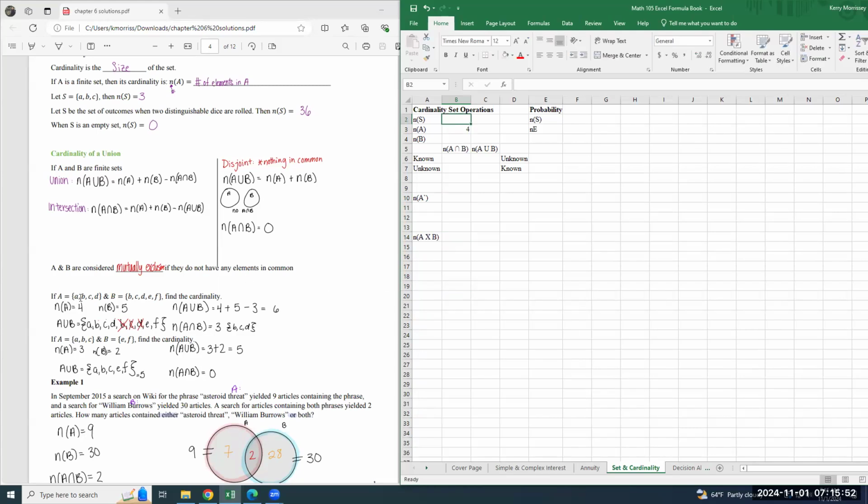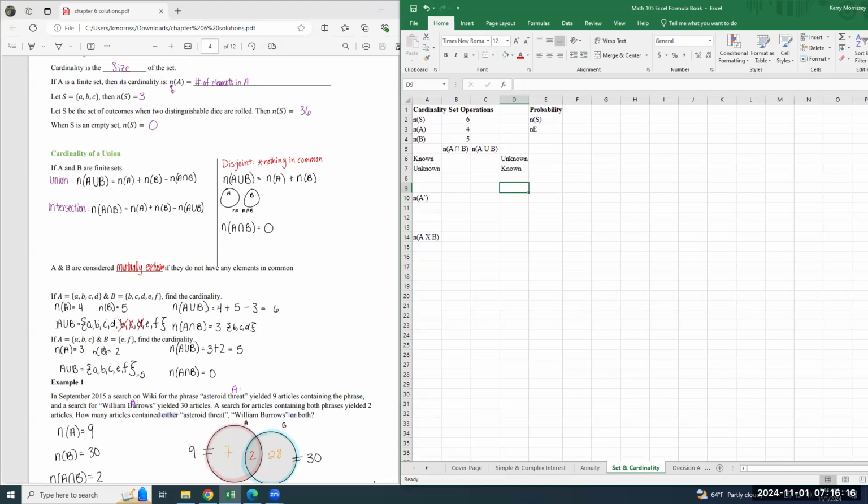N of S is the total. So we have A, B, C, D, and again you have B, which is B, C, D. Then we need E, F. So we have 6 in total. Now B, we had 1, 2, 3, 4, 5. And that's just coming from here. All we're doing is counting up.